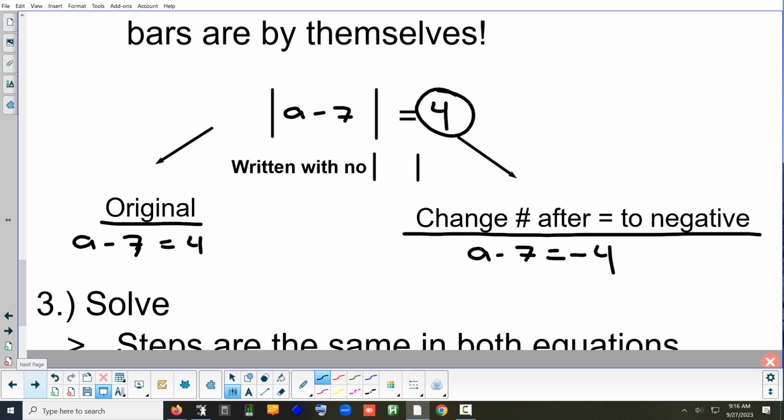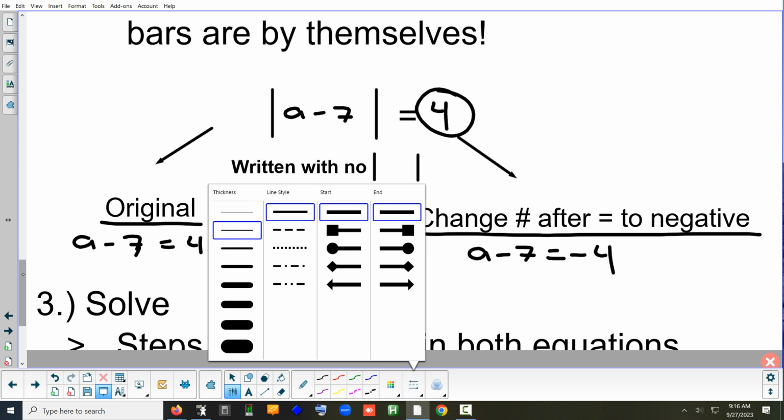What's nice about solving them is the steps are the same. Whatever you do to solve this one, like if you have to add something on both sides, it's going to be exactly the same step to solve that one. It's not going to be the same answer, but it will be the same step.